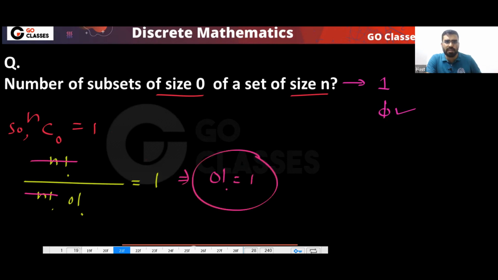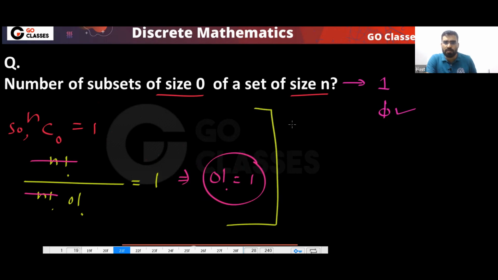So this is one of the reasons. This is not a proof. Can I say this is a proof? No, this is not a proof of 0 factorial equal to 1.